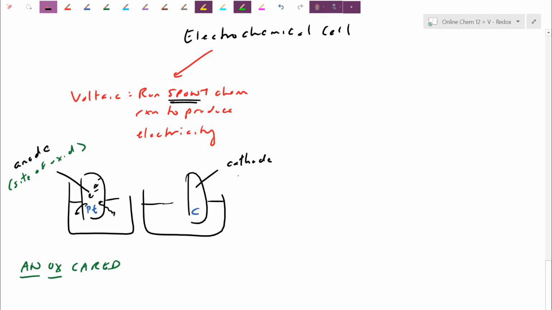The cathode is going to be the site of reduction. It's the location where I actually pick up electrons. Because I set these up in 2 half cells, I force the electrons. Electrons always flow, and this is true for both types of cells, from anode to cathode. But here's the emphasis: through the wire. Electrons never enter solution.